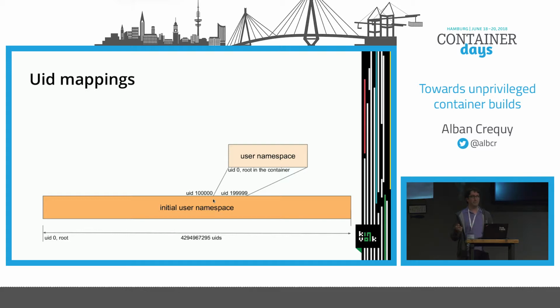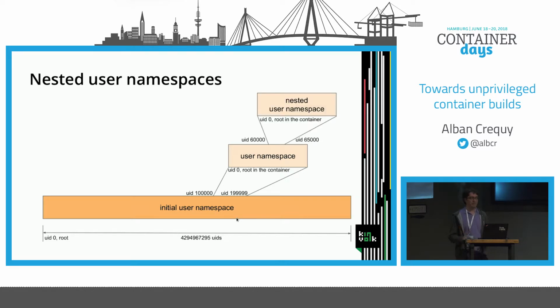So you have the illusion of being root, of having all the capabilities, but capabilities are only relative to a specific user namespace. So you might have capabilities with regard to the user namespace here, but not to the initial user namespace.